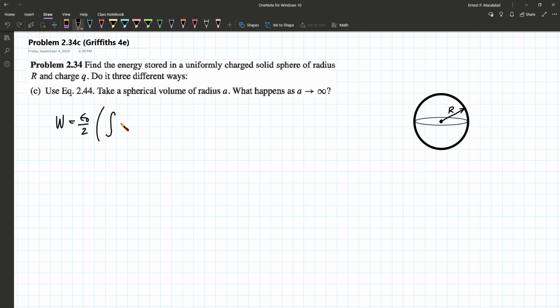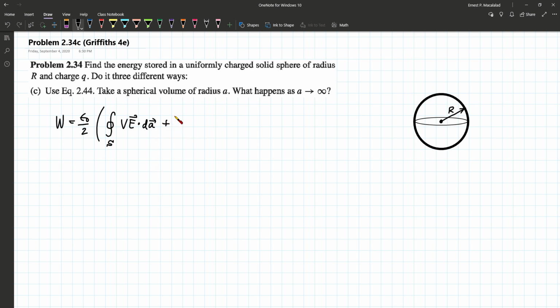The first is a surface integral, specifically a closed surface integral of V, that's potential, times the electric field.